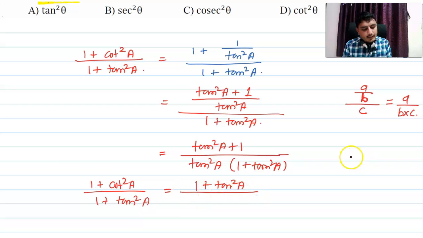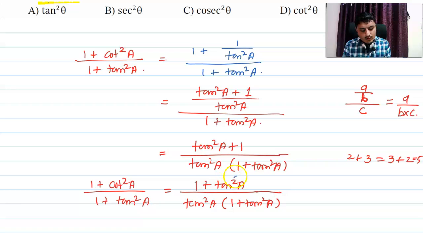What is meant by the commutative law? 2 plus 3 is the same as 3 plus 2. Both are equal to 5. That means we can write tan square of A plus 1 as 1 plus tan square of A, the whole divided by tan square of A into 1 plus tan square of A.